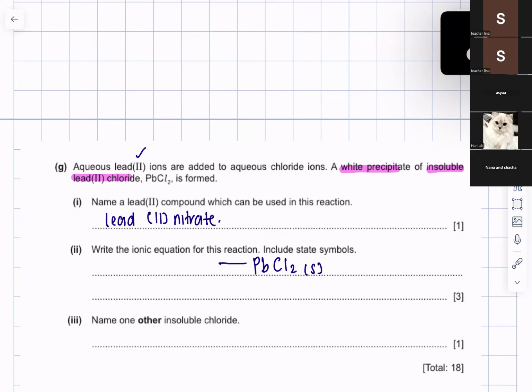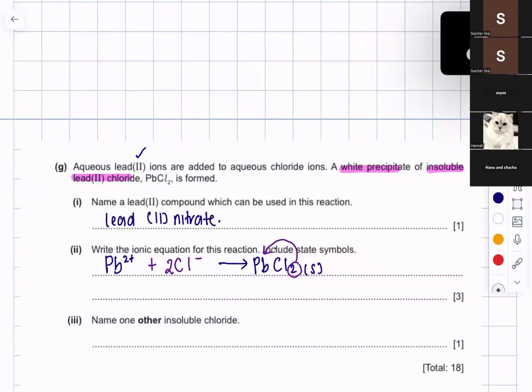And then here, you separate into ions. Pb2+. The charge is 2+ because these two belong to Pb. So plus the Cl minus, chloride, that one. So put here too. Balance that one.